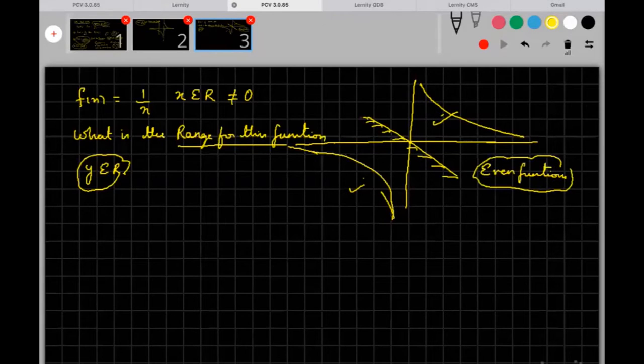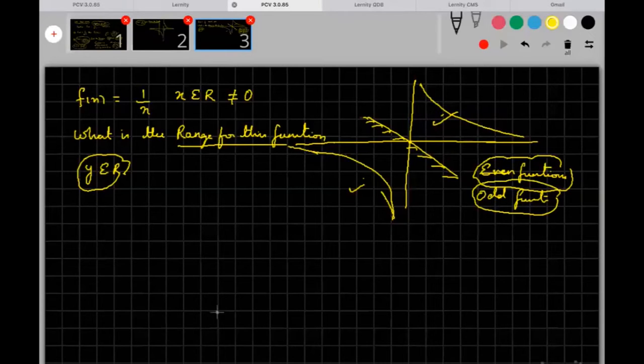Even functions are those which look symmetric about the y-axis. So I said even function, I'm sorry, it's an odd function. Okay, this is an odd function.